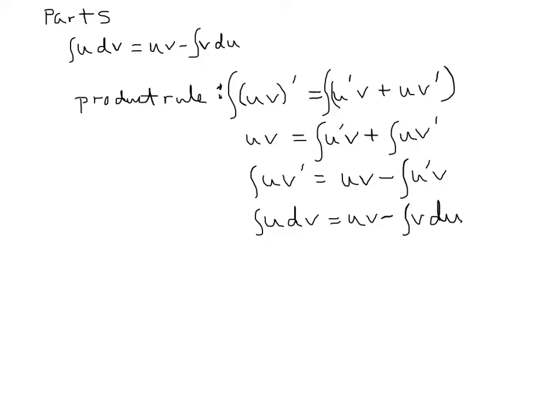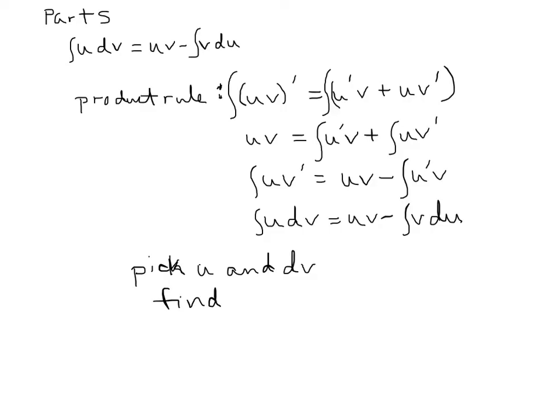So the trick with integration by parts is to pick a u and pick a dv. You want to split the integral you're looking at into two different pieces that are multiplied together.